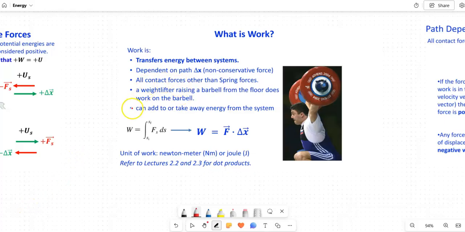So an interesting thing about that, aside from spring forces, all contact forces are considered non-conservative forces. So aside from spring force, all contact forces are path dependent.